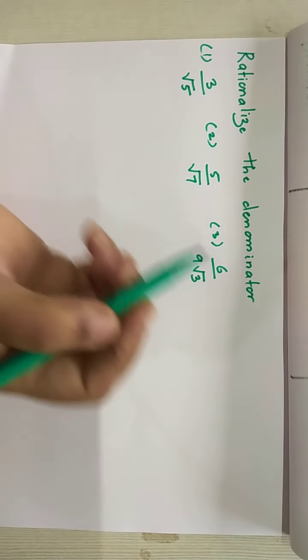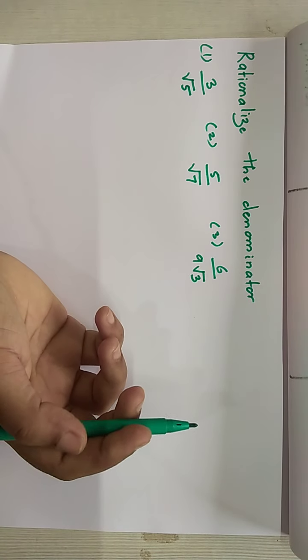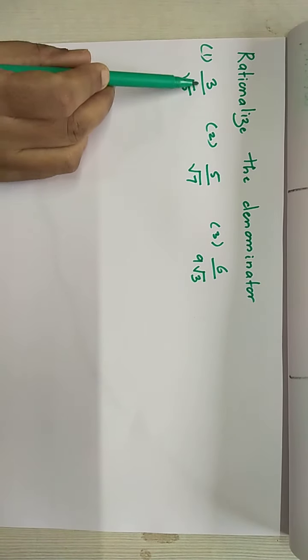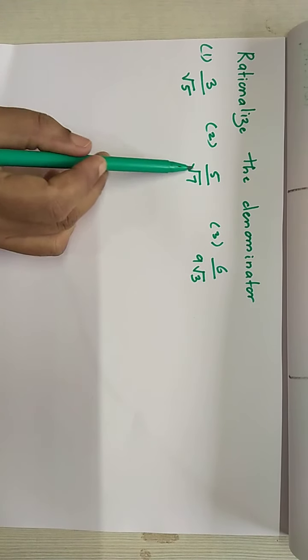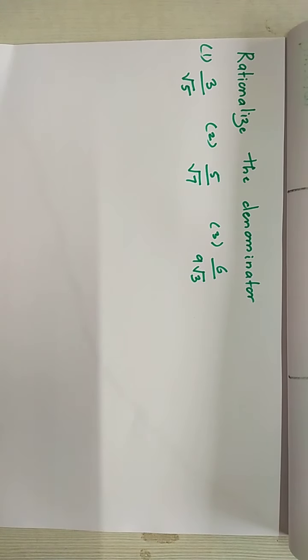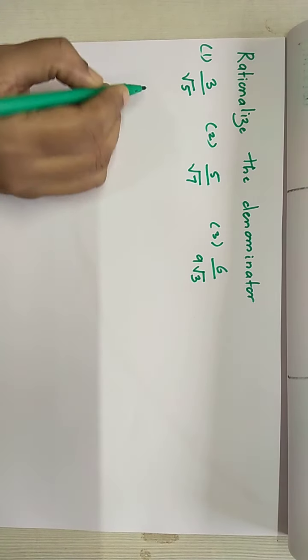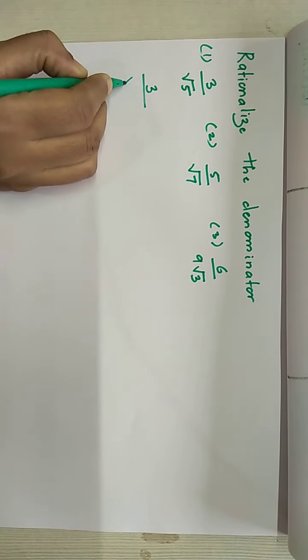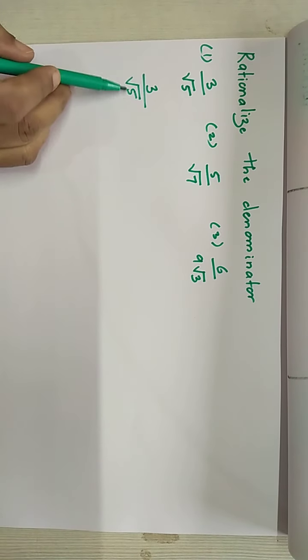Rationalize the denominator. Rationalize the denominator means, children, whatever is the irrational part in the denominator, you need to remove it. You need to make it vanish. Okay. So in the first sum, if you see, 3 upon root 5 has root 5 down in the denominator.